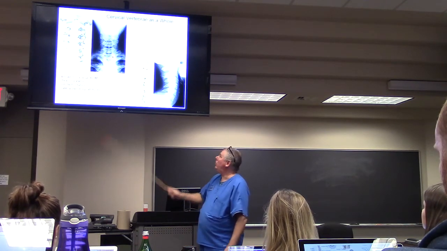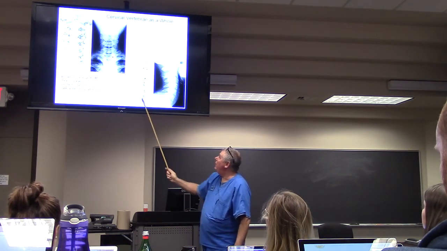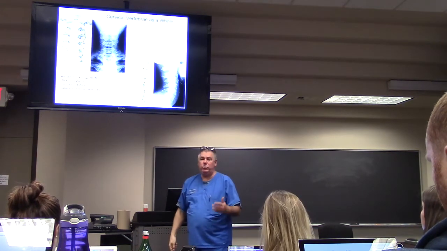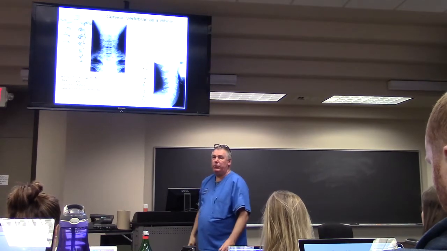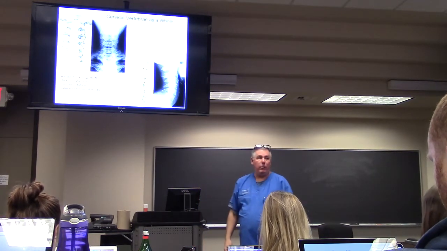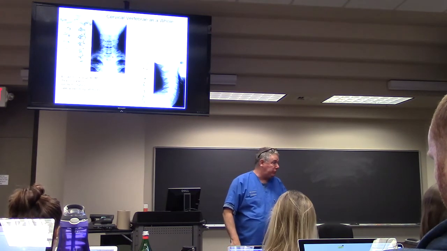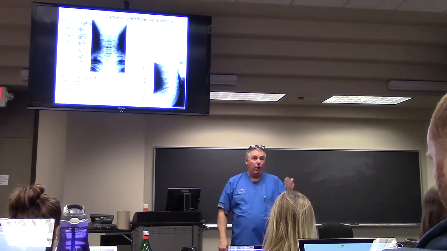I'm not exactly sure what this thing is supposed to be right here, but this one right here is the more normal appearance. When you shoot cervical x-rays, you should be able to see all 7 vertebrae. If you don't see 7 vertebrae, then send them back for a reshoot, because you're liable for all 7 vertebrae.